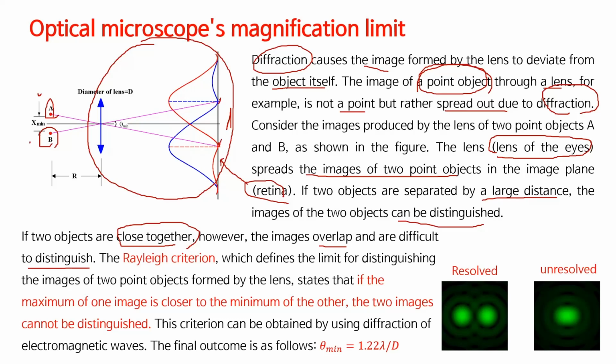So this image shows when the two objects are separated by a large distance, so we can see clearly there are two objects.